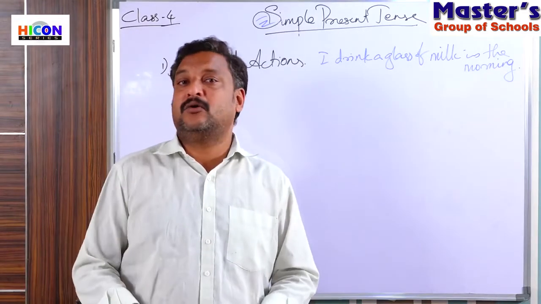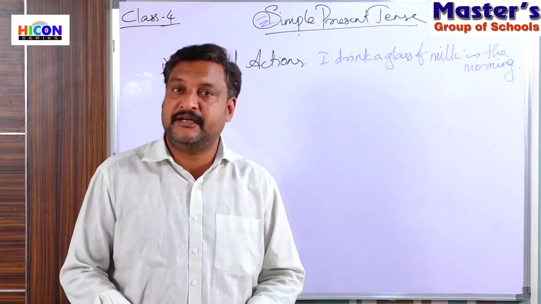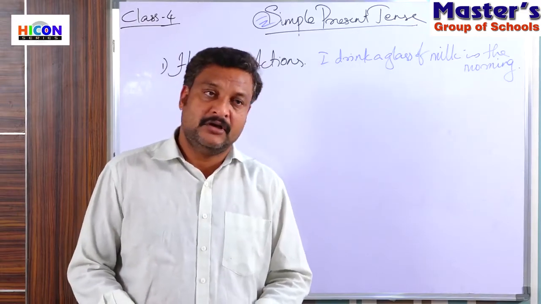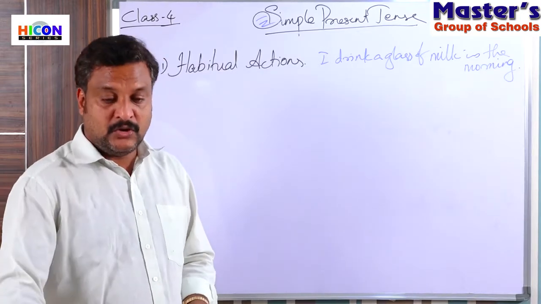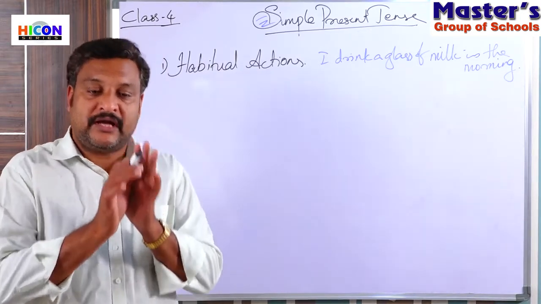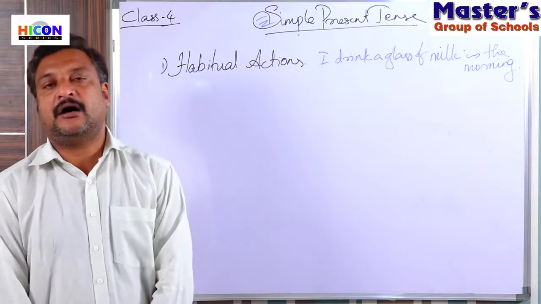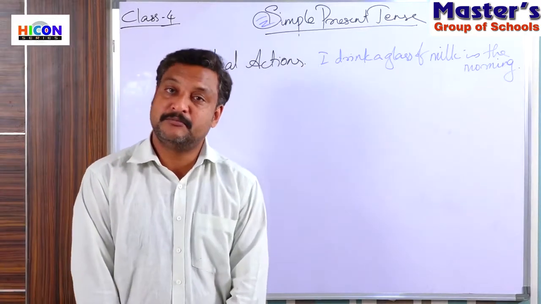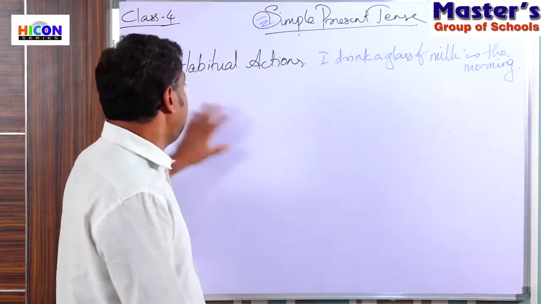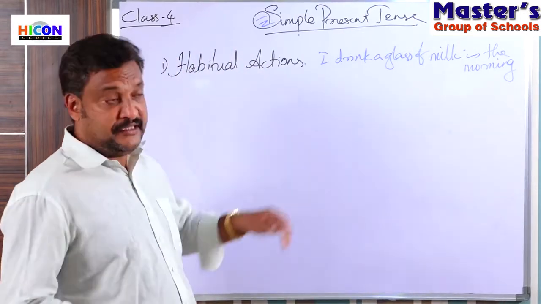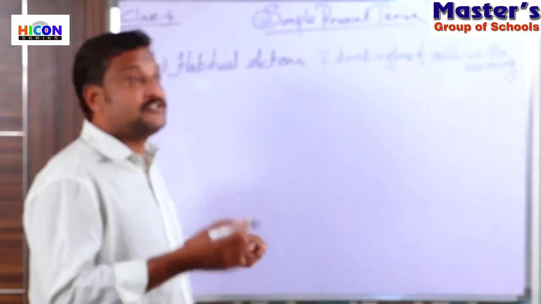We play in the ground in the evening. We play football in the evening. He teaches us maths. Right? So, usual or habitual activities are expressed using simple present tense. So, simple present tense is used for expressing habitual actions. Then, universal truths.